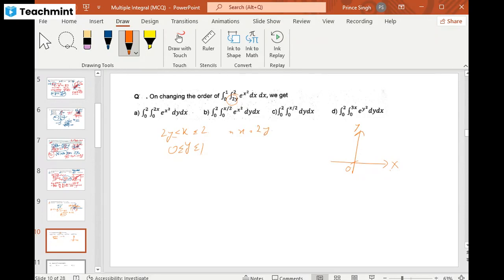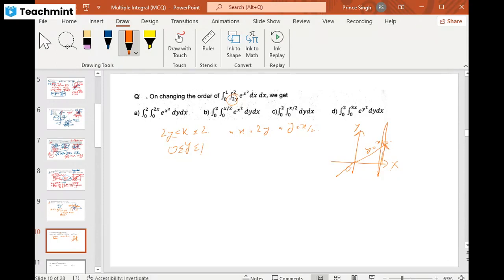It means that a straight line passes through the origin, but it is tilted a bit this side because the equation is y equal to x by 2. Another one is x equal to 2, a straight line parallel to the y-axis.